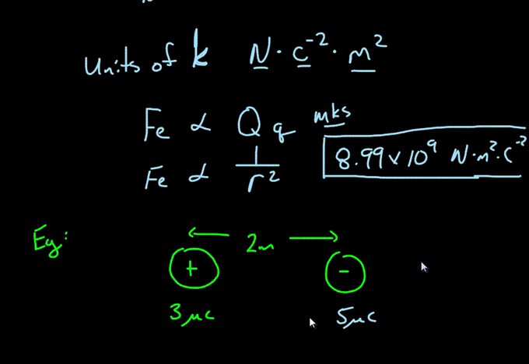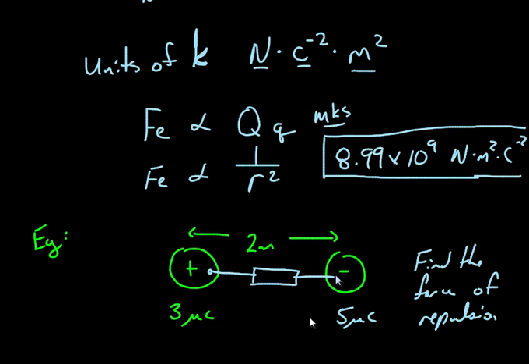And I say find the force of repulsion. If you tied these together and put a spring scale in here, what value would the spring scale read? Right, it's pulling them apart. Oh yeah, sorry, let's make them repulse. There.